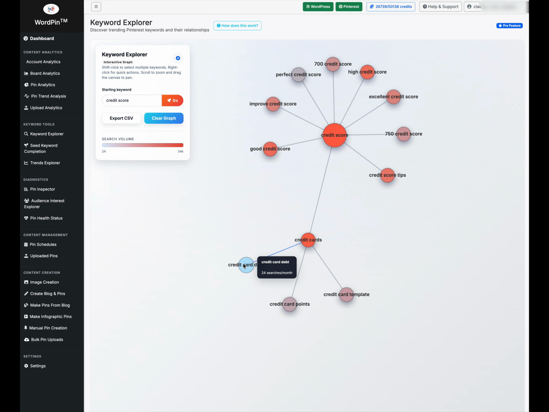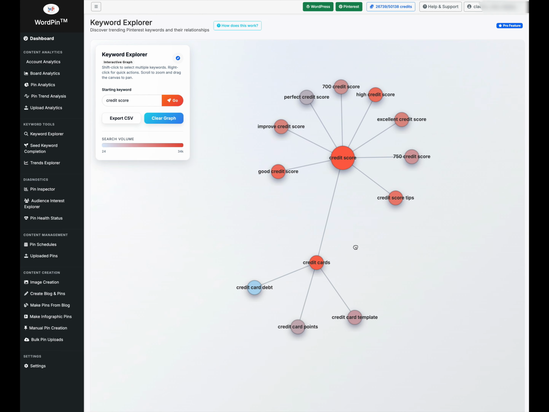So for example, here you get credit card debts, credit card points, credit card template, and those are all searches that do exist in Pinterest. You might get to some points where you cannot expand beyond a node, and that's fine. It means that we were unable for that specific keyword to find anything else that was associated with it. But over here you already have, oh my gosh, 1, 2, 3, 4, 5, 6, 7, 8, 9, is that right? 9, 10, 11, 12, 13 keywords that you can use for pins.